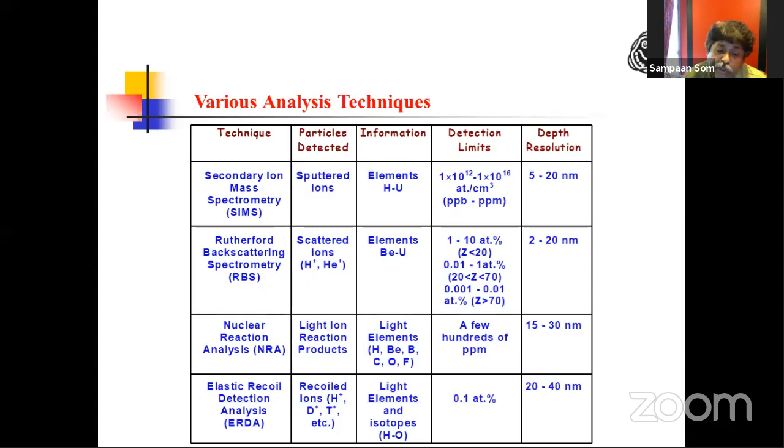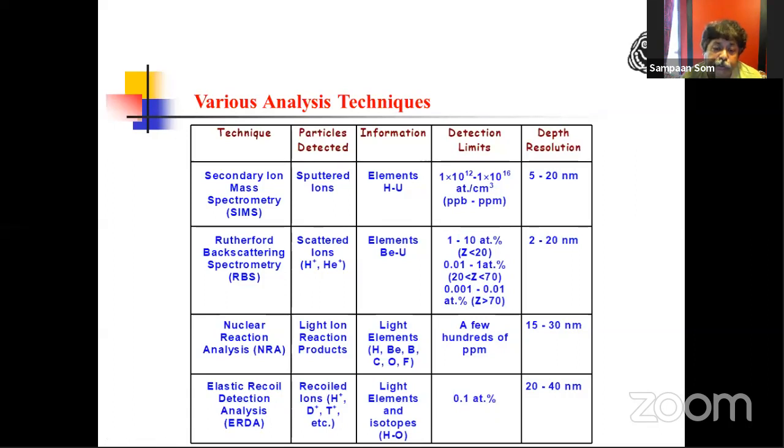Now, why I am stressing this is the scenario that you see on your screen: recoil ions of hydrogen, deuterium, and tritium, that means hydrogen and its isotopes, are possible to be detected. That is because, like RBS using low energy ions, ERDA using low energy ions will mean only the helium ion is the projectile. And you can imagine, for Rutherford backscattering spectrometry, there is a difference with ERDA.